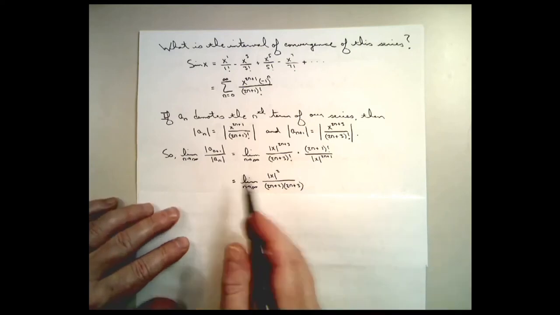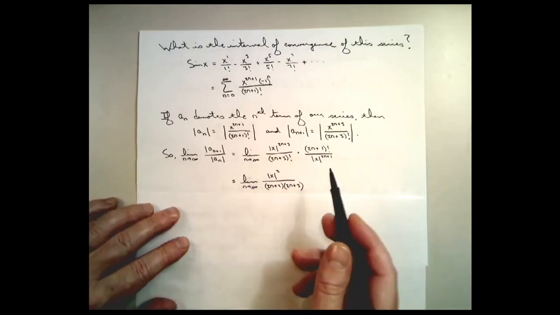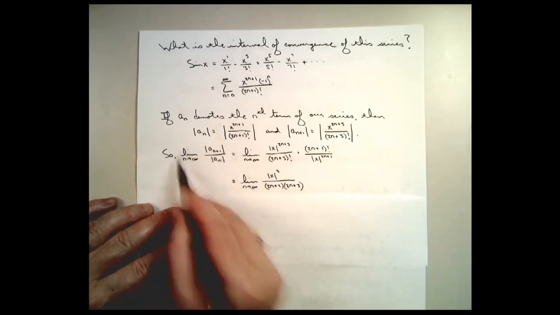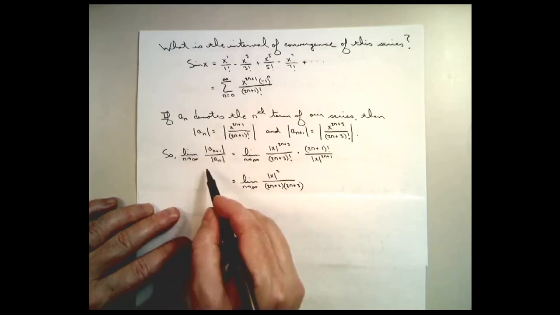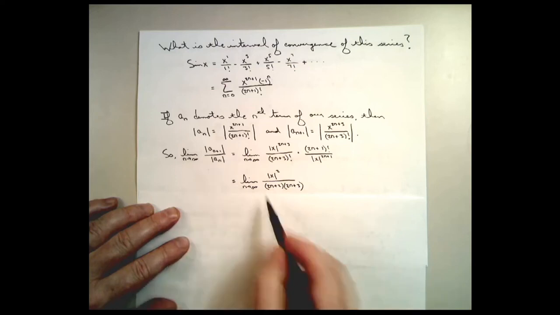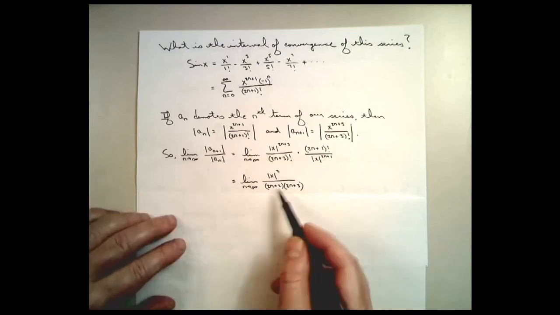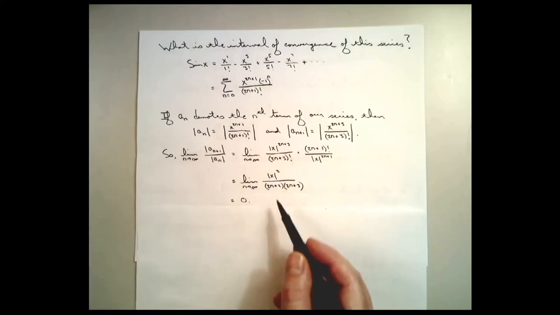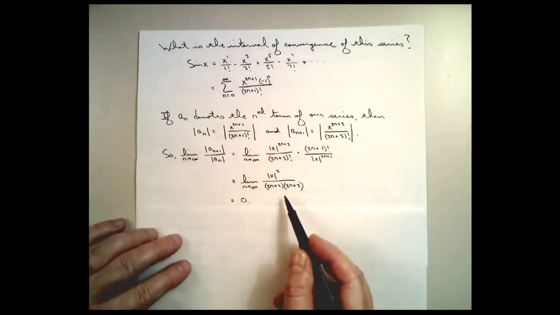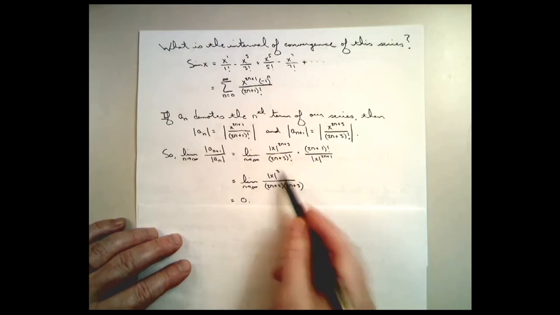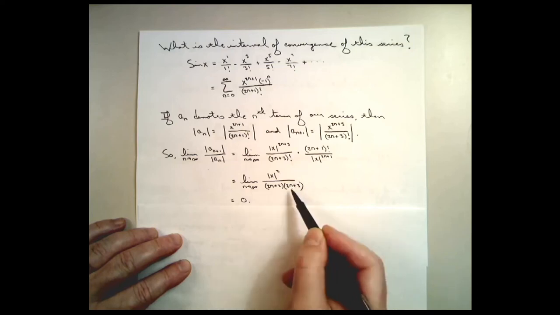So the ratio test tells me that whenever this limit is less than 1, I know my series converges. Well, here's the limit. When is it less than 1? Well, this limit is equal to 0. As n goes to infinity, x squared isn't changing, but my denominators are getting huge.